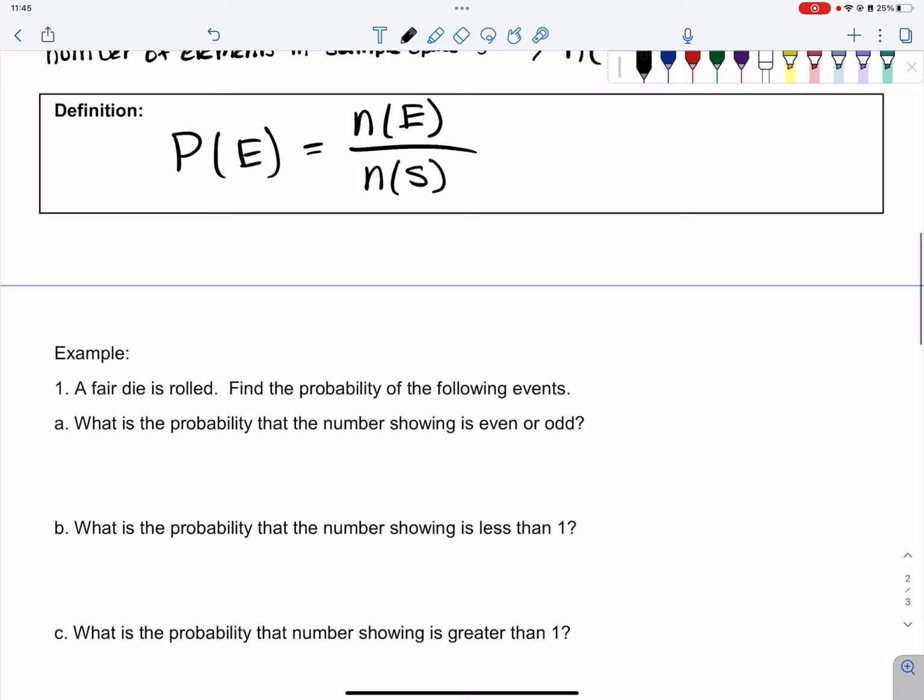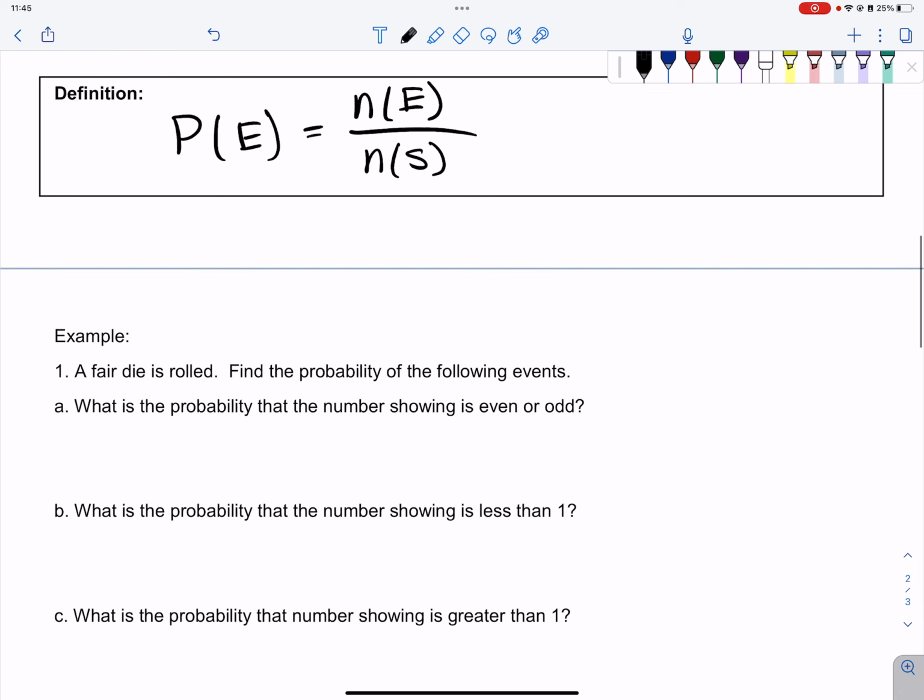So now let's do an example with this. We have that a fair die is rolled, and I want to find the probability of the following events. The first thing that I need with this is my sample space. So when we roll a single six-sided die, our sample space is the numbers 1 through 6.